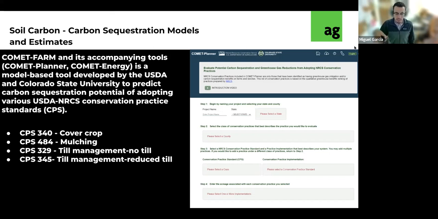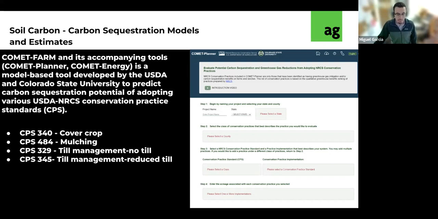In the current farm plan, we need to quantify the amount of carbon that these practices could sequester in order to develop a strategy and to be able to prioritize, but also programs, state programs such as the Healthy Soil Program will pay you based on estimation of how much carbon you can sequester. So we use in our current farm plans the COMET-Farm and the COMET-Planner tools, which is a model that was developed by the USDA in collaboration with Colorado State University.